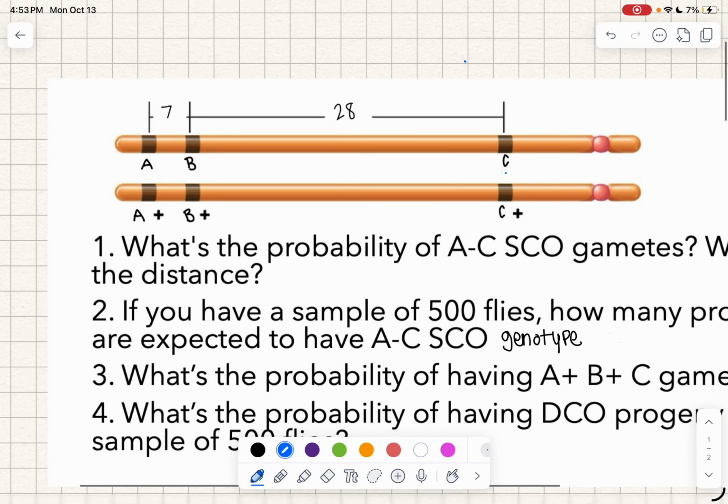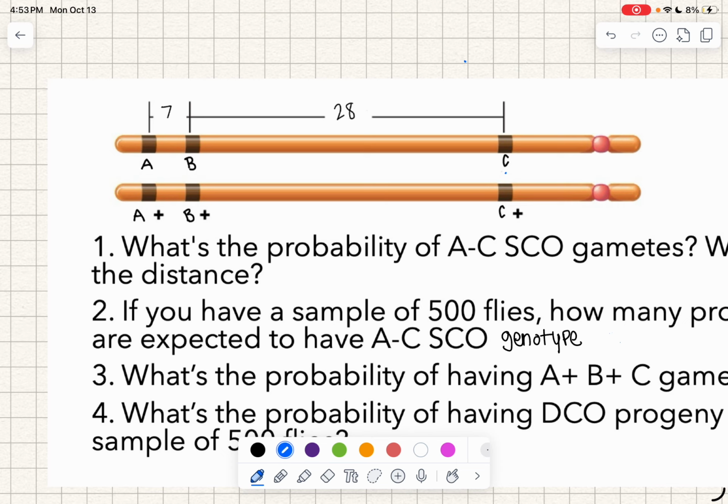So this question, like I said, has to do with single crossing over and double crossing over. Number 1 is single crossing over, and it's asking what's the probability of having A to C single crossing over gametes.